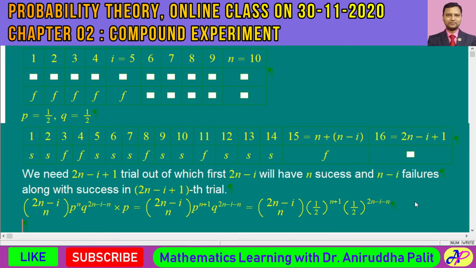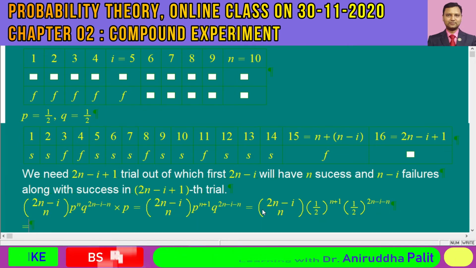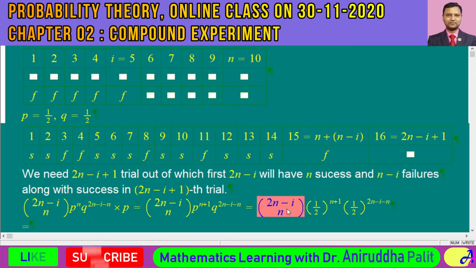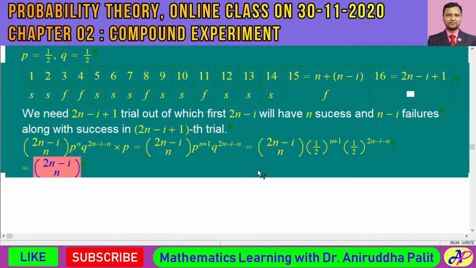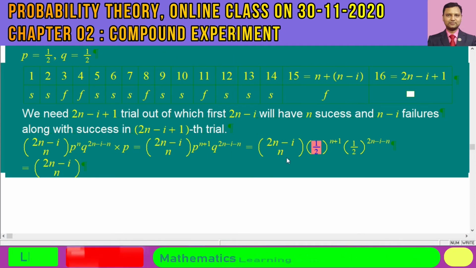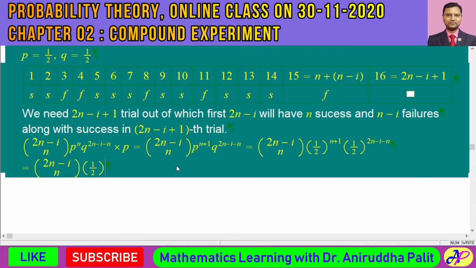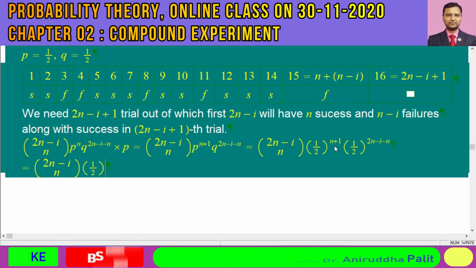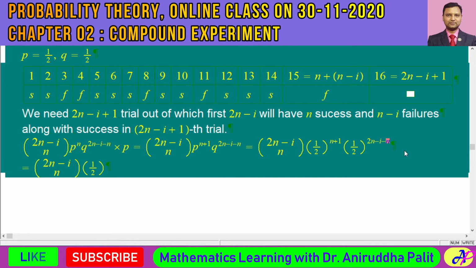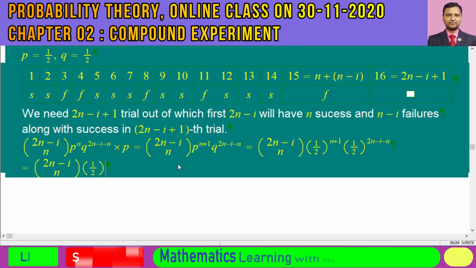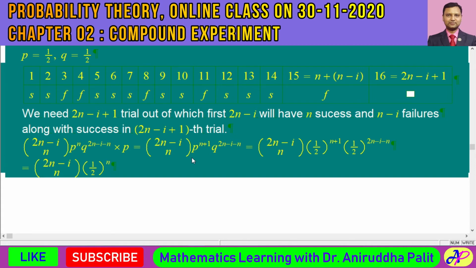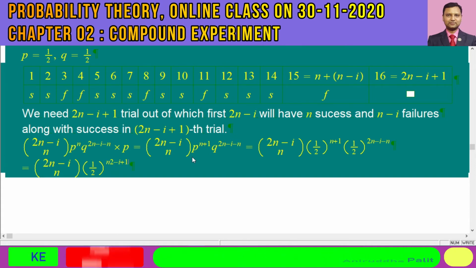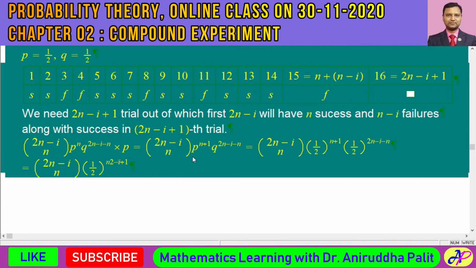So ultimately this value is equal to half to the power of, this n and this n will get cancelled, so ultimately we will have 2n − i + 1. So 2n − i + 1.